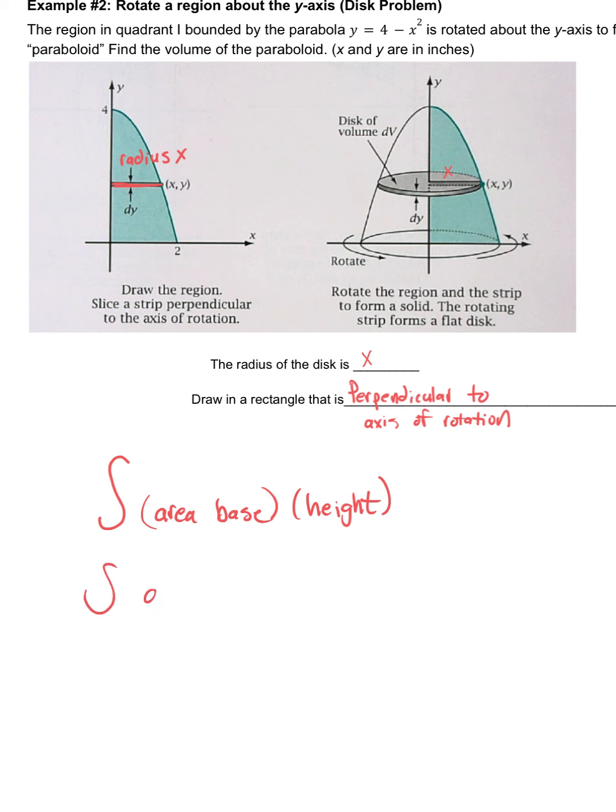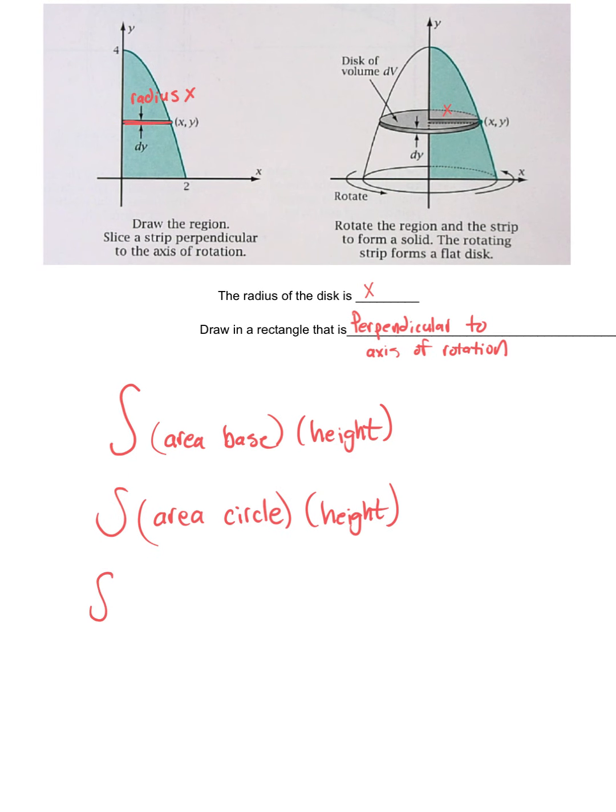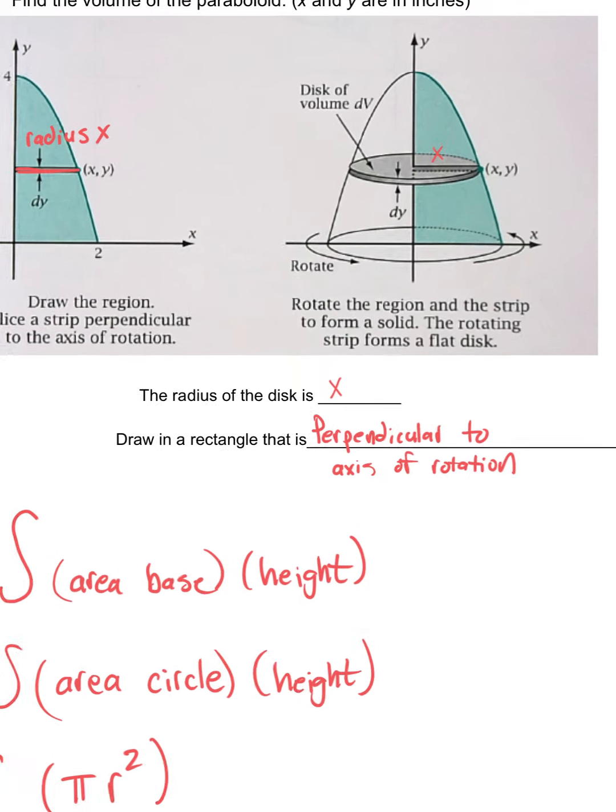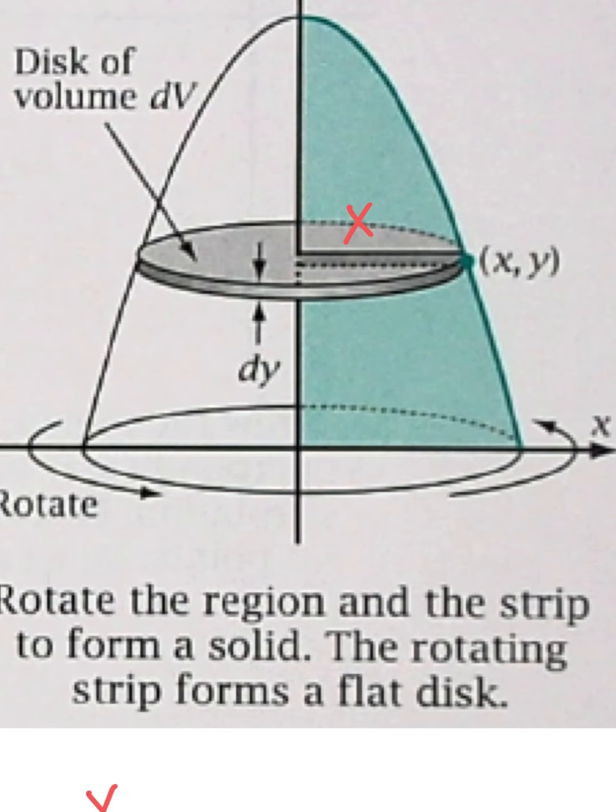We need area of a circle because the shape of the base is a circle. And the area of a circle is pi r squared. And we know that our radius in this problem, when we rotate around the y-axis, we replace with x, pi x squared.